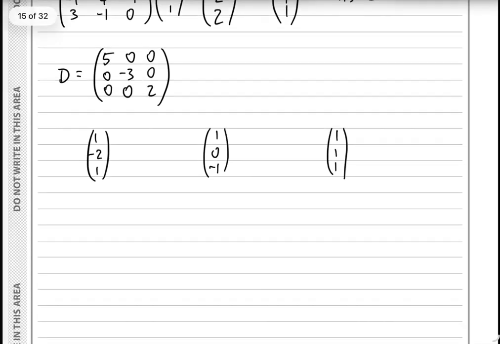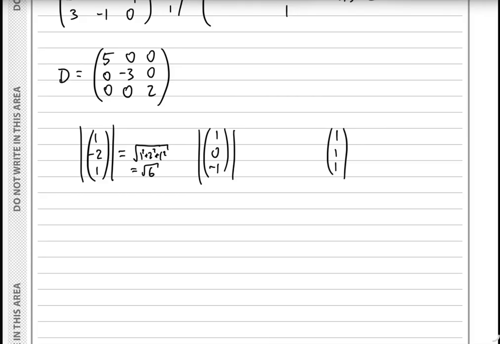To normalize these, we need to find the magnitude. 1 squared plus 2 squared plus 1 squared, that's the square root of 6. This one, 1 squared plus 1 squared, root 2. And this one, 1 squared plus 1 squared plus 1 squared, root 3.